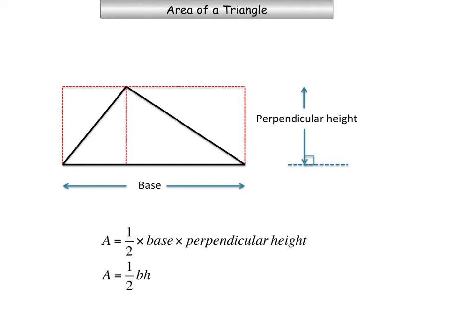So inside that triangle we have a height and a base, and it's still a half of that particular rectangle, inside that red rectangle. So the area is a half times base times height.